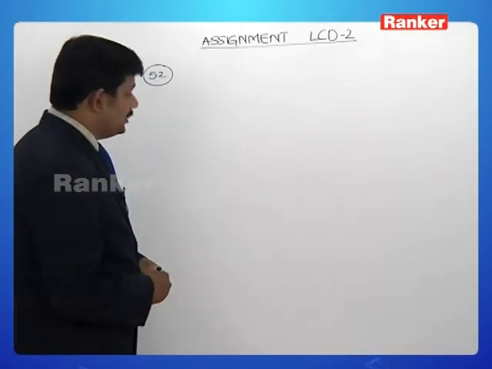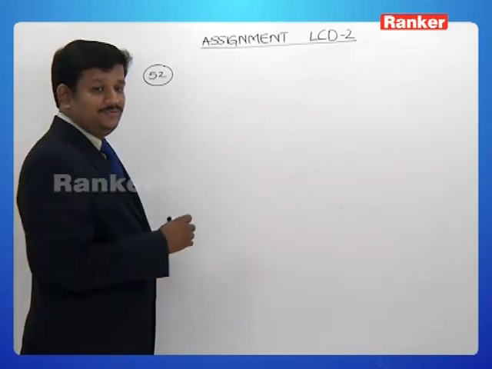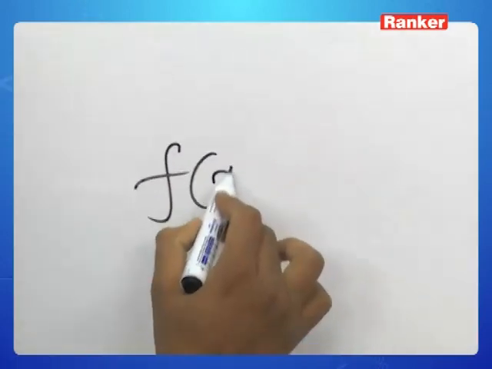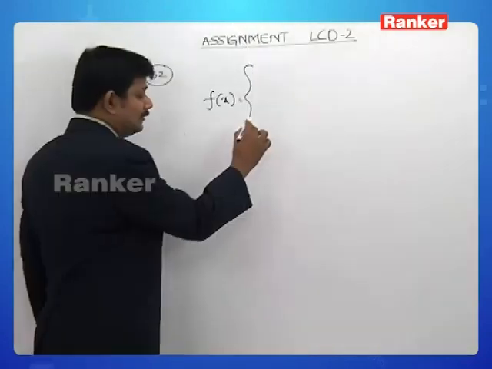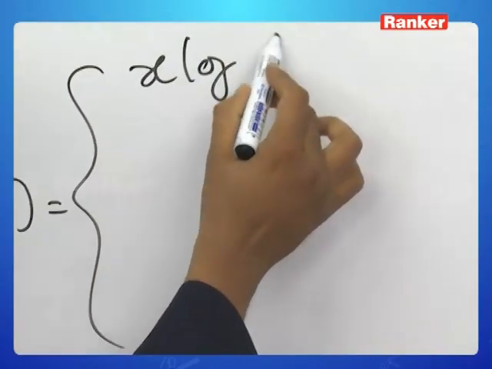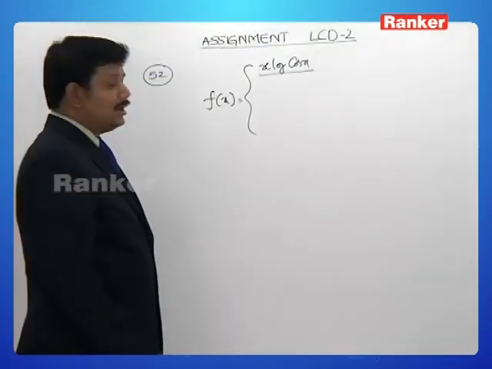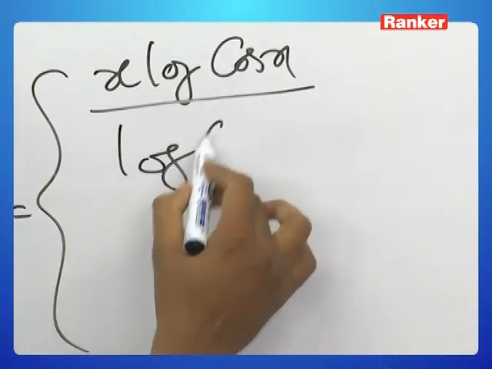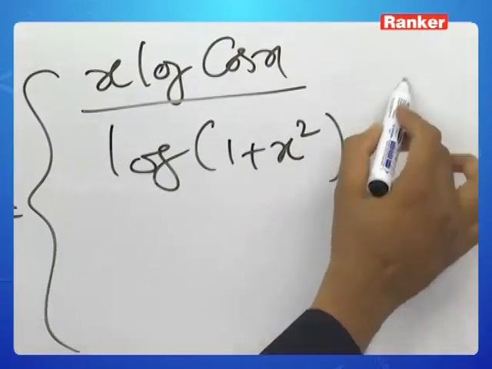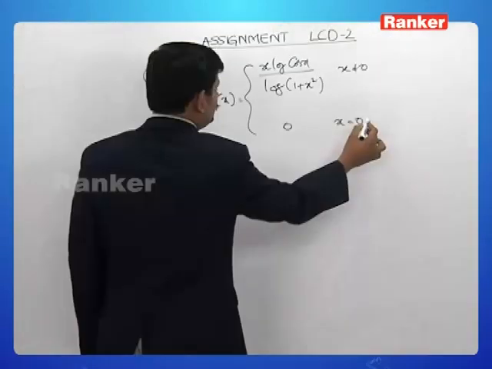So, in this question, we need to discuss continuity and differentiability of the function f of x is equal to x log cos x divided by log of 1 plus x square when x is not equal to 0, and 0 when x is equal to 0.